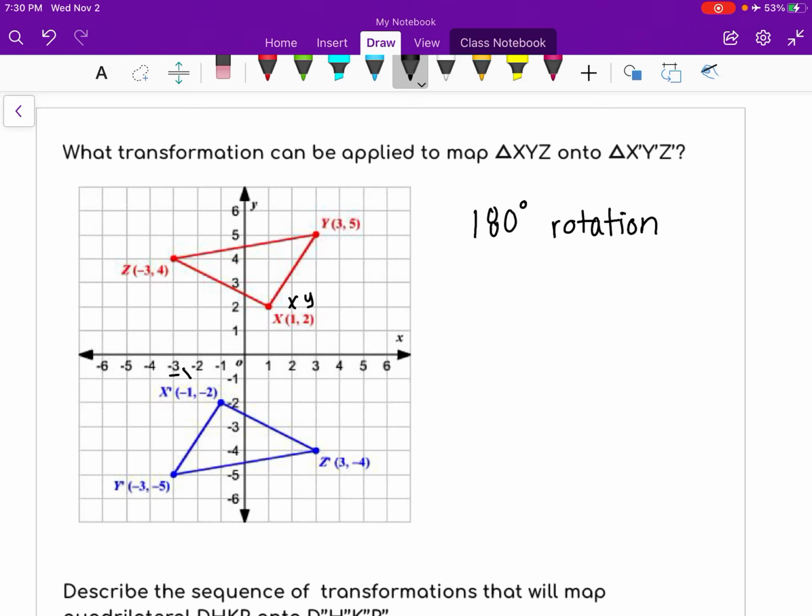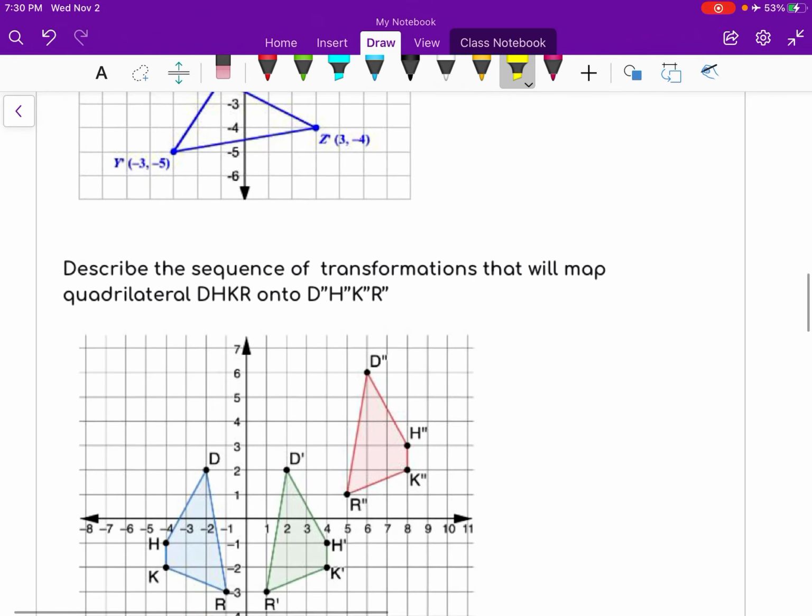Therefore, our algebraic description should say negative X, negative Y. Since negative X, negative Y is the algebraic description of a 180-degree rotation, we have successfully confirmed that this is the correct answer. Let's move on to question number 4 now.